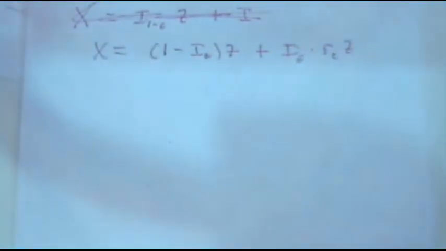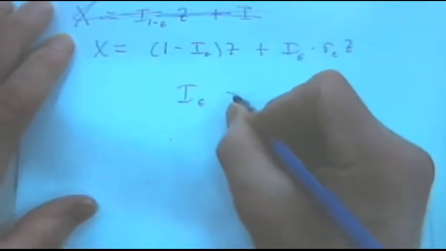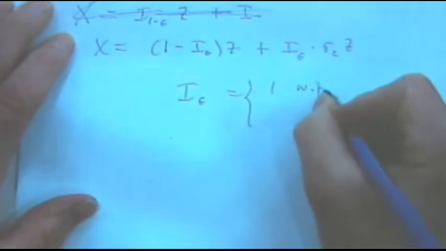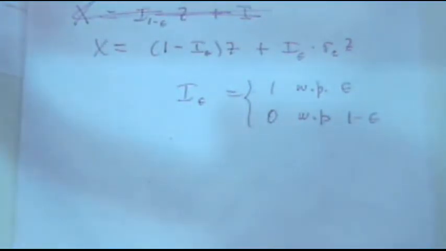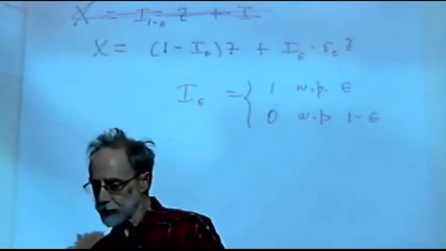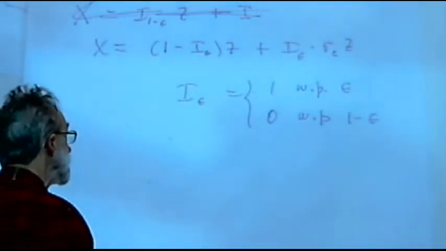This is your observation. Epsilon is usually small, like 5%. So 95% of the time, it's just a Bernoulli random variable. If epsilon is 0.05, then 95% of the time, the data is coming from the standard normal, okay?